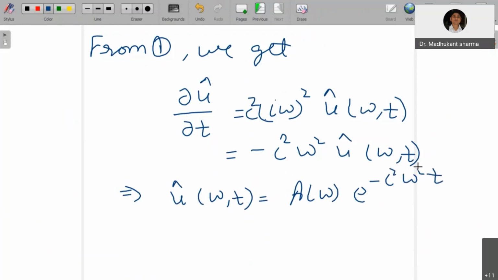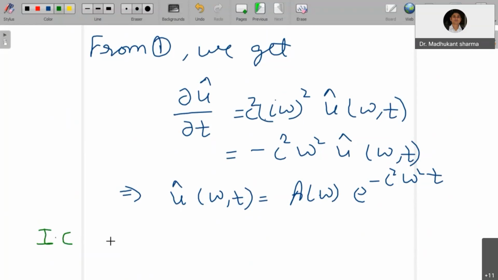You can verify that. With respect to time, the constant could be a function of w. You can find the integrating factor and you can see. You can verify that.